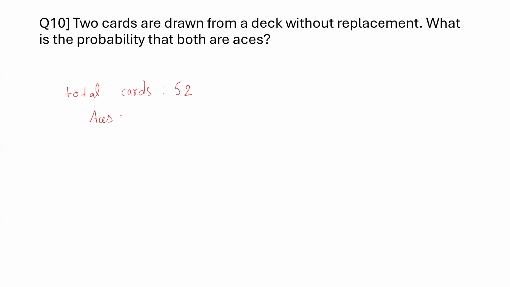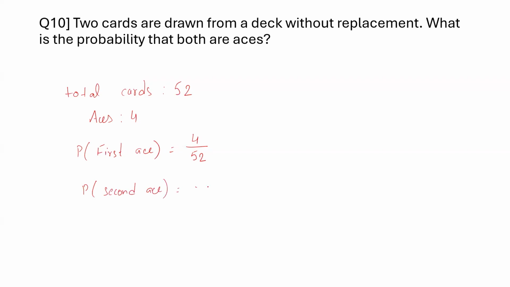Aces, we have 4 Aces, right? So what is happening? What is the probability of the first Ace? Initially you have 4 Aces, right? 4 upon 52, right? This is the probability of the first event. Now, the probability of the second Ace.